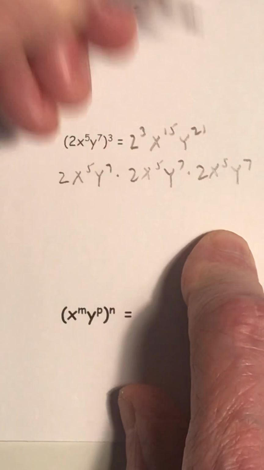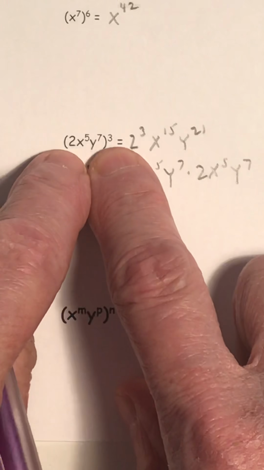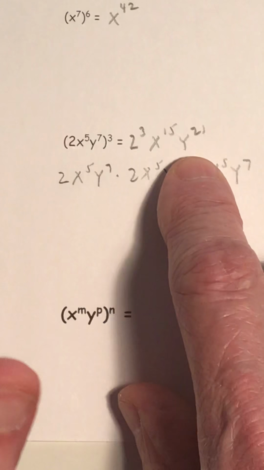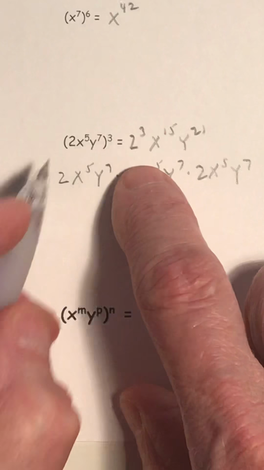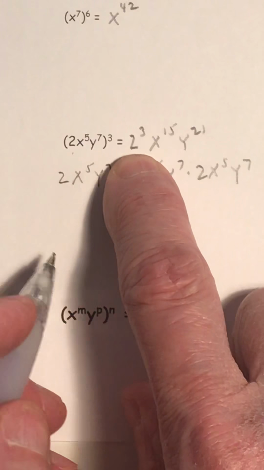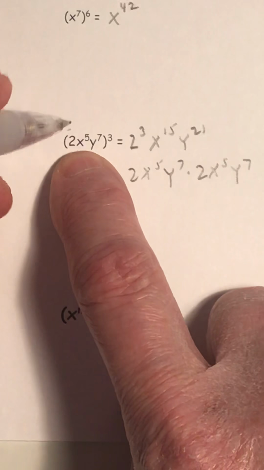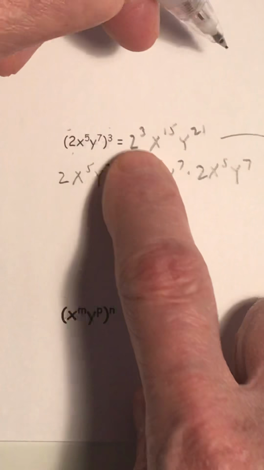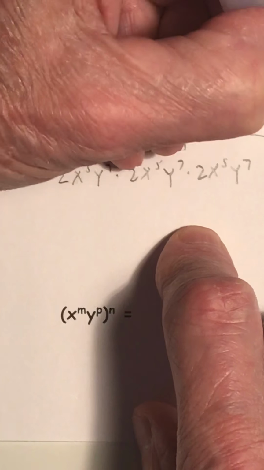So you see what happens here. You got more than one variable. Just treat it the same way you would one variable. You multiply the exponents. If there's a coefficient, the coefficient also gets raised to that outside the parentheses power. So what is 2 to the 3rd? That's 8.